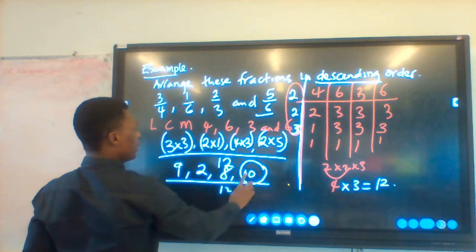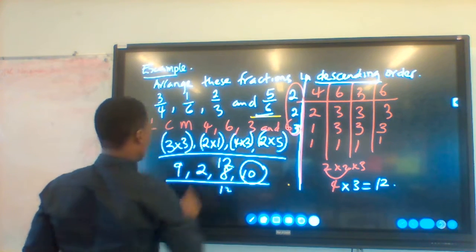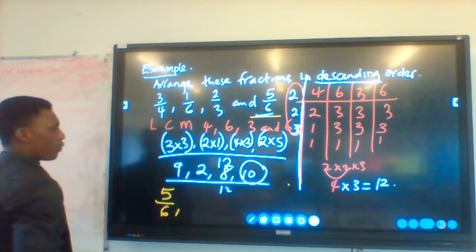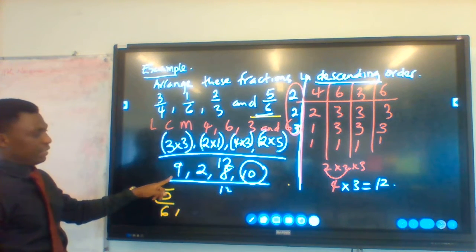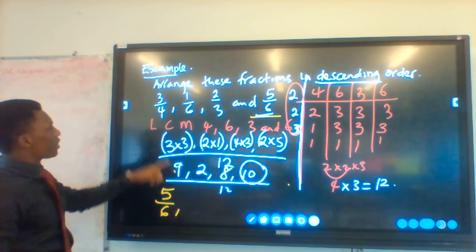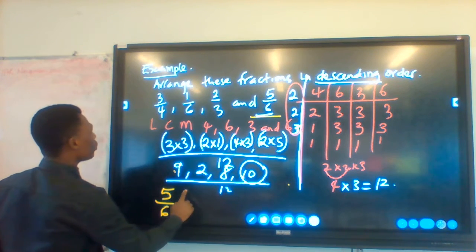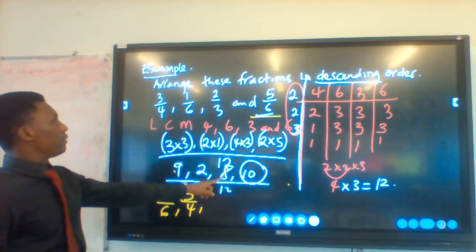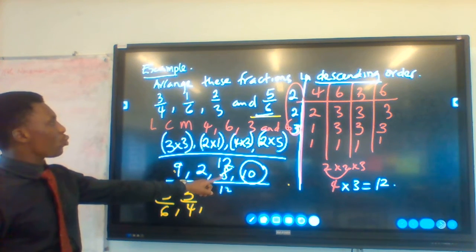Meaning it is in the fourth position. You got to pick the fourth position. Meaning that this is the order: 5 over 6, followed by which one? 9. Don't pick 9 over 12. You want to pick the fraction that is in first position to follow that first one. And followed by 8. Which position does 8 occupy?